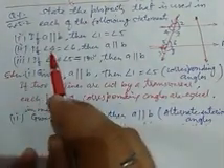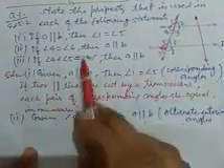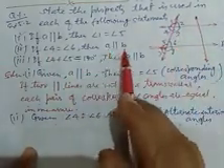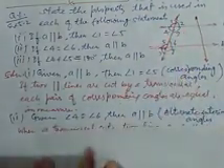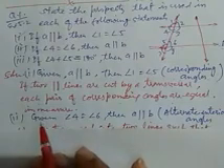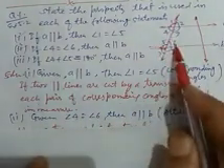If angle 4 equals angle 6, it is given, then A is parallel to B. Why? So this is our solution. Here angle 4 equals angle 6.